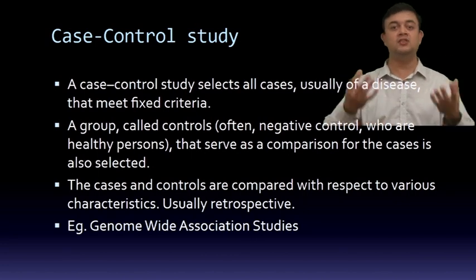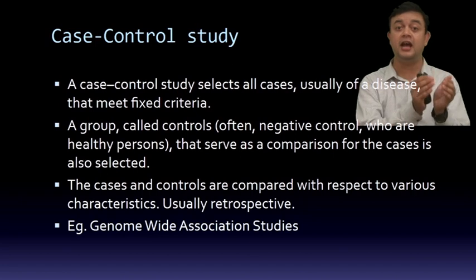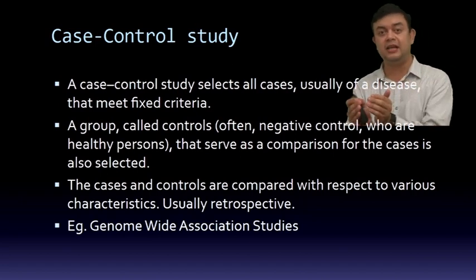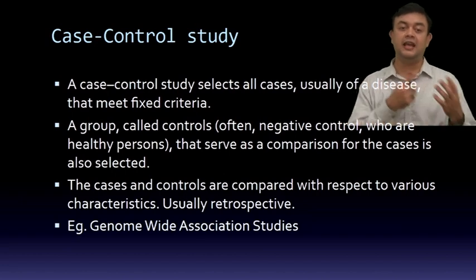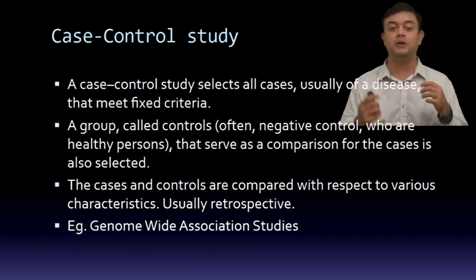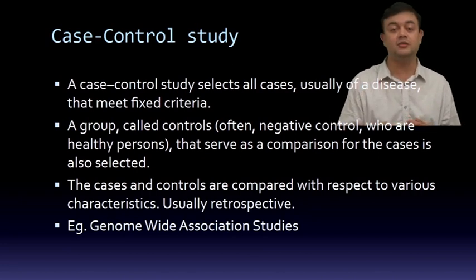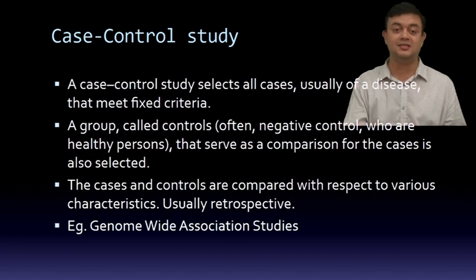Usually it looks towards the past because the cohorts already have the disease. So cases that have the disease are identified, versus control, right? So the cases and controls are compared with respect to various characteristics, and usually these kinds of studies are retrospective. It looks for the causative factors involved with that particular disease, right?